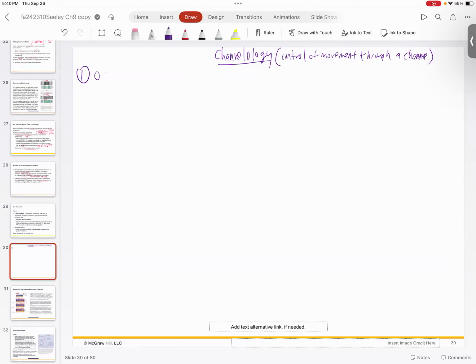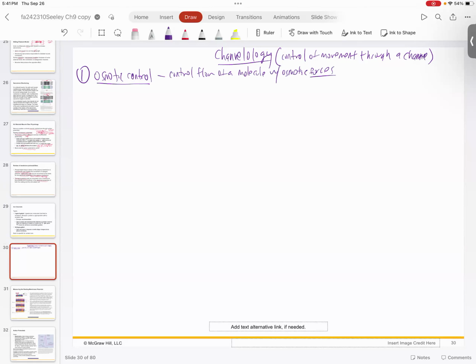One is what I refer to as osmotic control. This is where you control the flow of a molecule with osmotic forces. So here's an example.